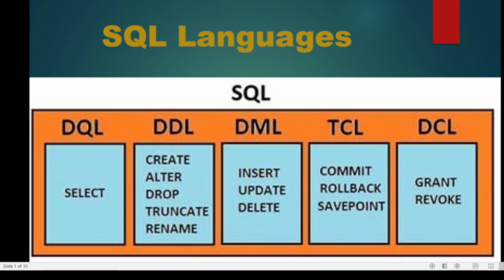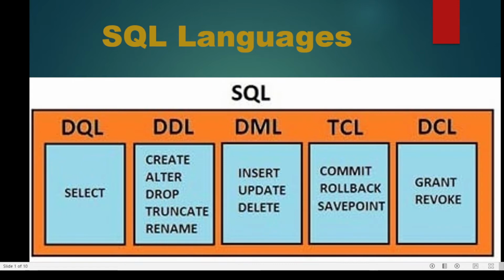We have a total of 5 types of SQL languages. The first one is DQL, the data query language. Second is DDL, the data definition language. Third is DML, the data manipulation language. Fourth is TCL, the transaction control language. And the fifth is DCL, the data control language.